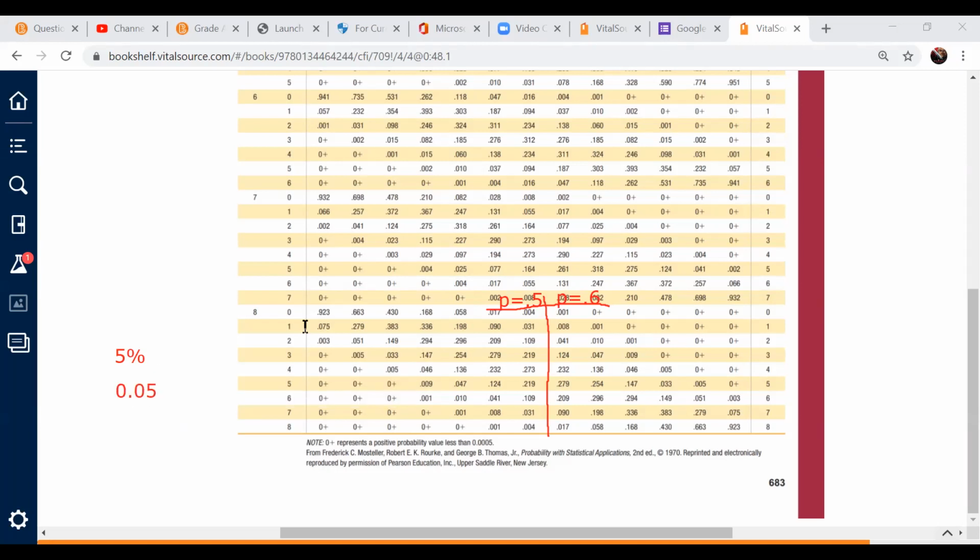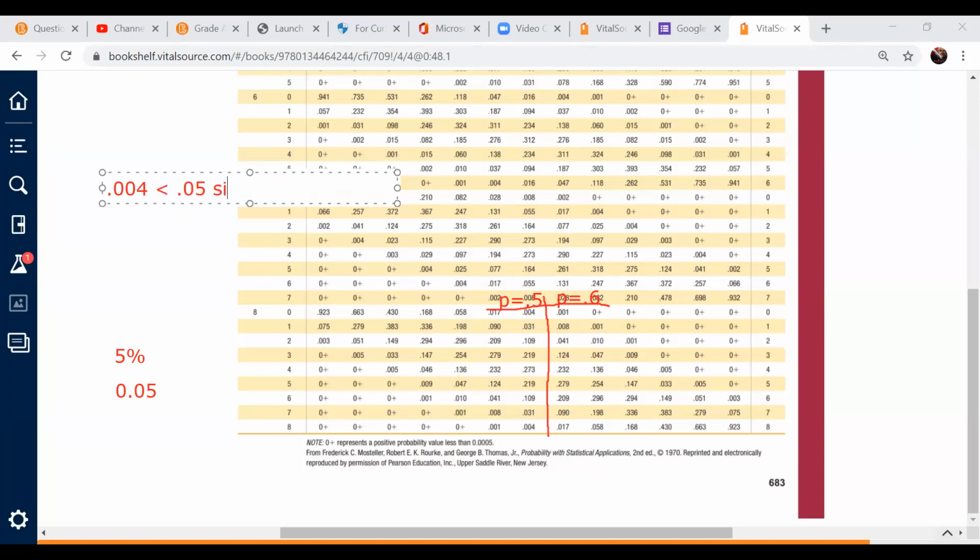Same thing, right? In order to find out what number of children is a significant outcome, we have to look at the distribution for 0.5, which is what I gave you. Let's look at this. If you were to have 8 children, you were Octomom, and you had 0 girls, the probability of that is 0.004, I'm sorry, which is less than 0.05.